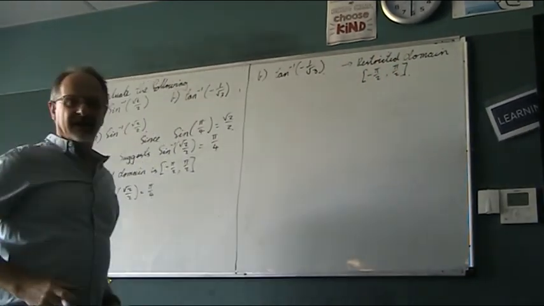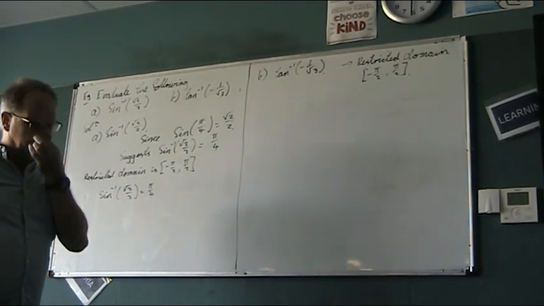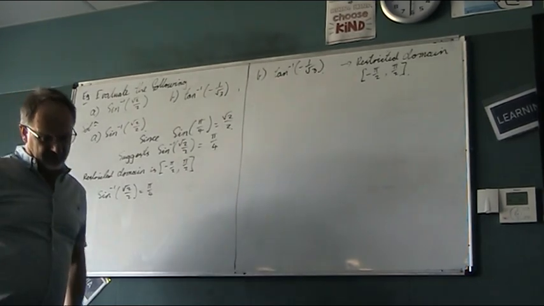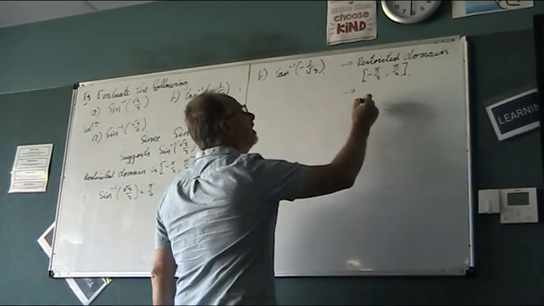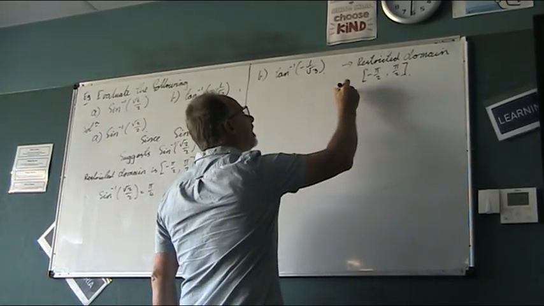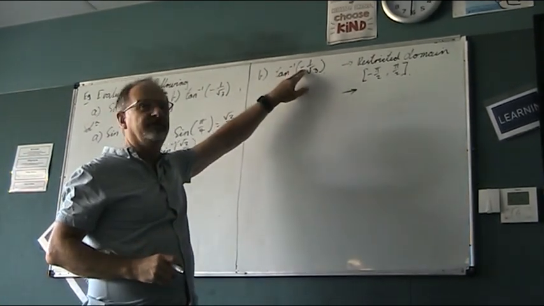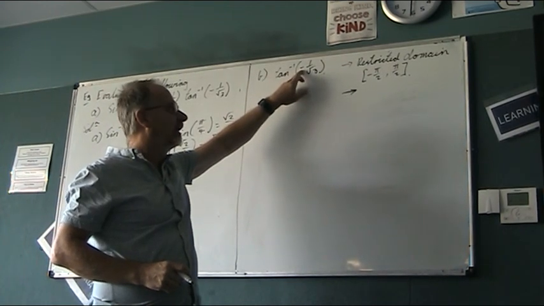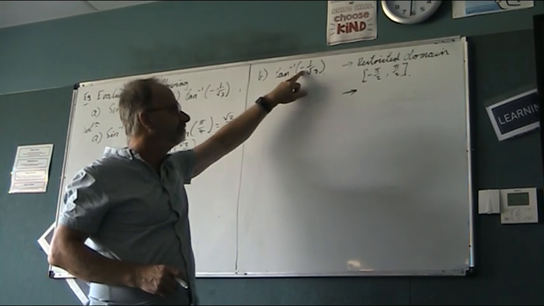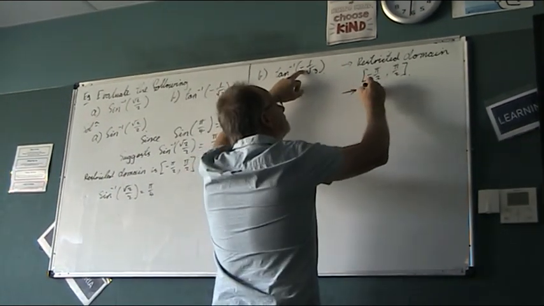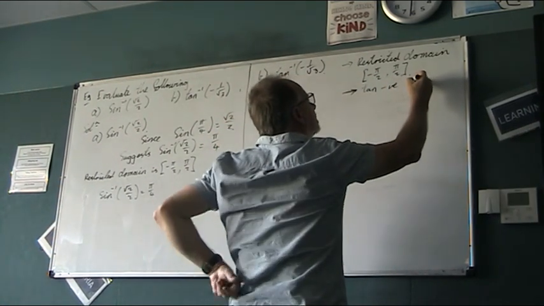So our final answer has got to be between negative pi on 2 and pi on 2. So what does that mean? For this, it's negative, so tan is negative in which quadrant? The second and third. No, second and fourth. Second and fourth.